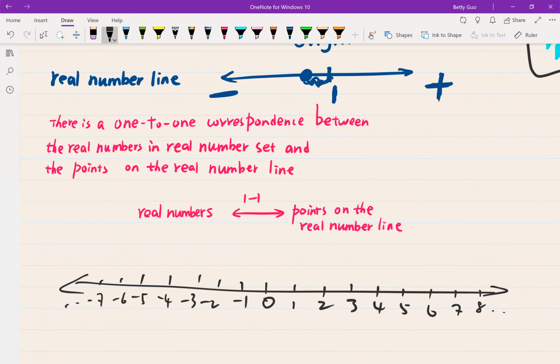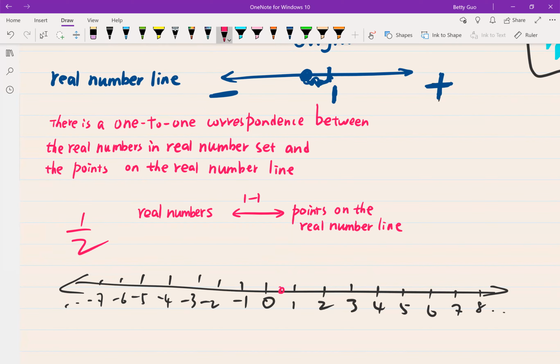The number of points on the real number line is the same as the number of real numbers in the real number set. There is a one-to-one correspondence between real numbers in the real number set and the points on the real number line. It means for any real number, there is exactly 1 point on the line that corresponds to it. So for example, you tell me where is a half?